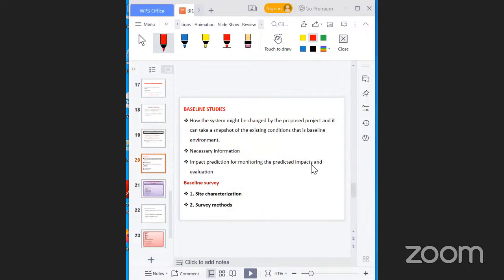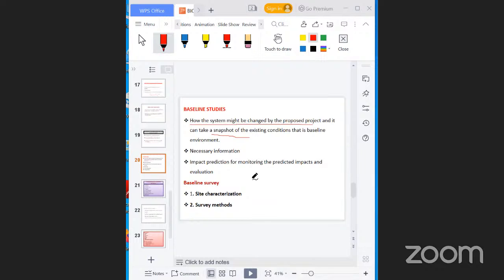So what are the baseline studies? This is an important first stage study. It is important in gaining an understanding of how the system might be changed by the proposed project, and it can take a snapshot of the existing conditions, that is the baseline environment. Okay. And the next, the baseline survey.